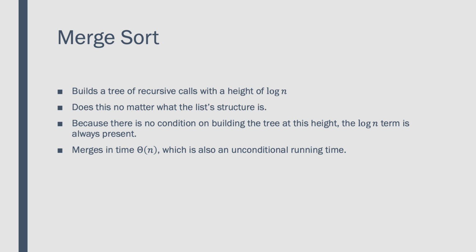Like the recursion depth, this step is unconditional; it always happens no matter the data. So the total running time is the product of the depth of the recursion tree, which is log n, and the work done at each level, n. This gives us the final time complexity, which is big O of n log n.